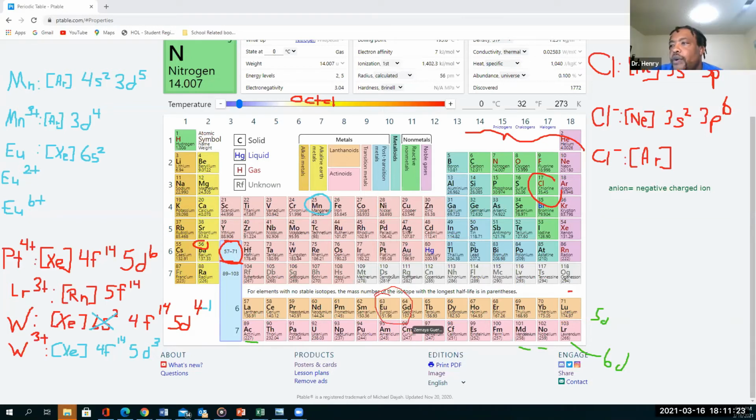Okay, so that's where Eu is located, right? If we start at the noble gas before it, look at the atomic number, it's 63, right? So we know it has to be xenon, the first noble gas before it. Oh, okay. I saw what I did wrong.